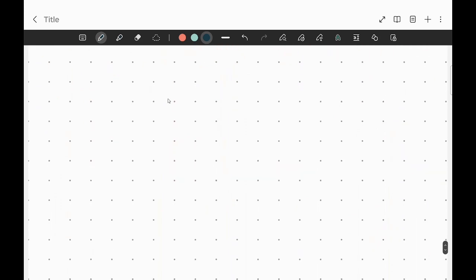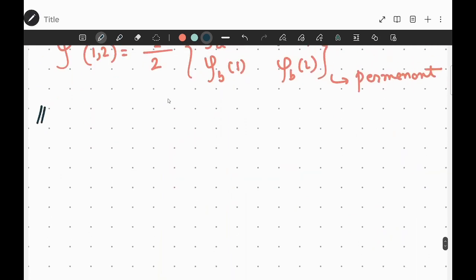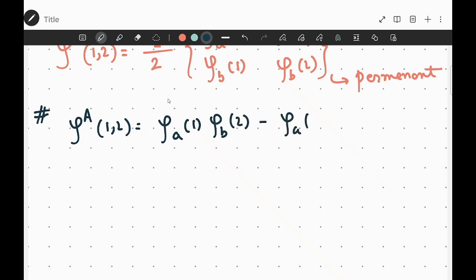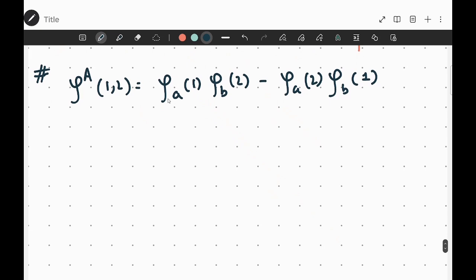So for the two particle case, what we have obtained, the function is psi a1, I'm just ignoring that normalization factor. This is our function. Now if you think, let's think that both particles are in the same position.